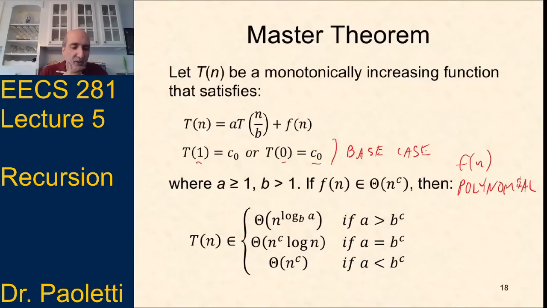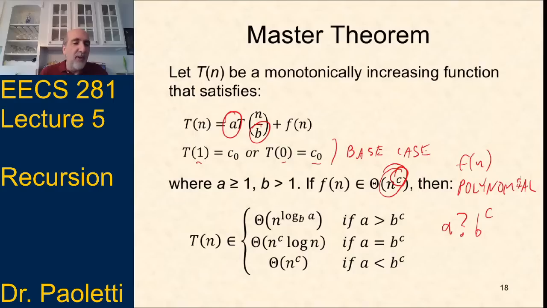It says what we do is we figure out what is our a, what is our b, and what is our c. It's a little bit confusing here because we use C0 and C1 sometimes. So a is right here, b is right here, and c is right there. That's the a, b, and c we talk about when we say, how is a related to b to the c power? We're talking about the exponent of the polynomial of f of n.